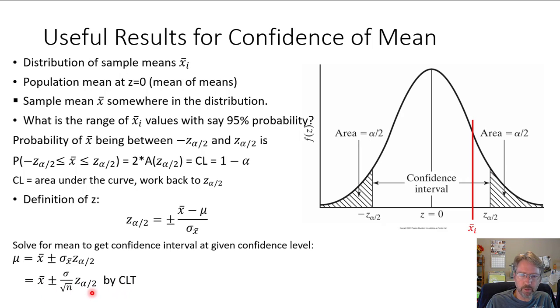So this is the form of the equation that we wanted. We wanted the population mean is the sample mean plus or minus some confidence interval with a certain confidence level. So you'll have to think your way through this. The book does a nice description of it as well. It turns out that getting to the answers is pretty easy though.